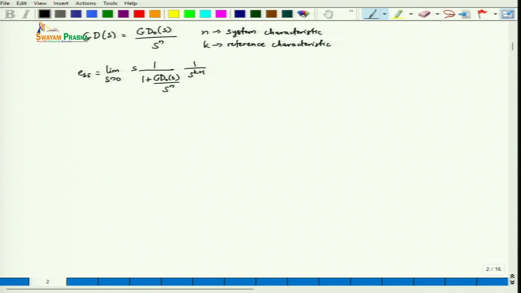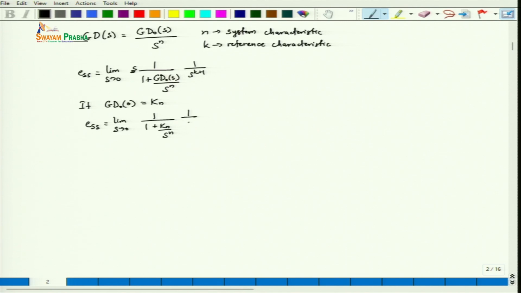So based on this, if we denote this GD0 at the value S equal to 0 as some Kn, then we can write the steady state error as limit S tends to 0 of 1 divided by 1 plus Kn by S to the power n, and this S here will cancel out with one of the S here.